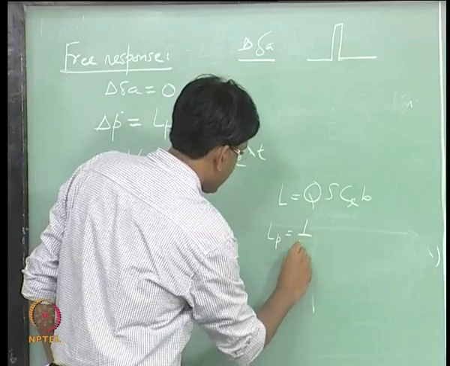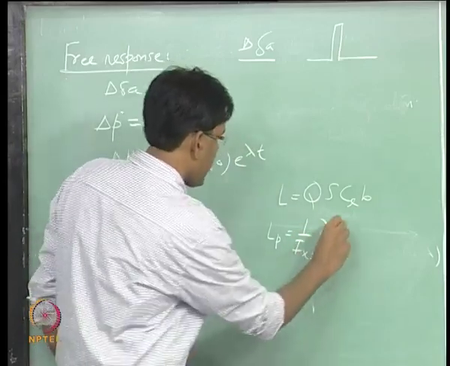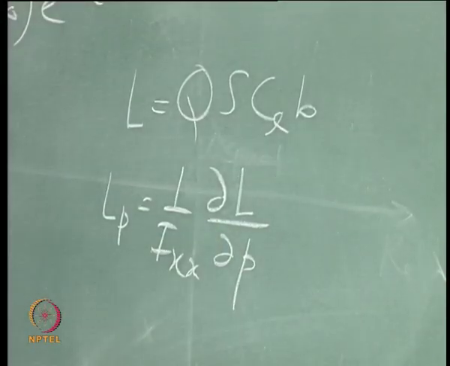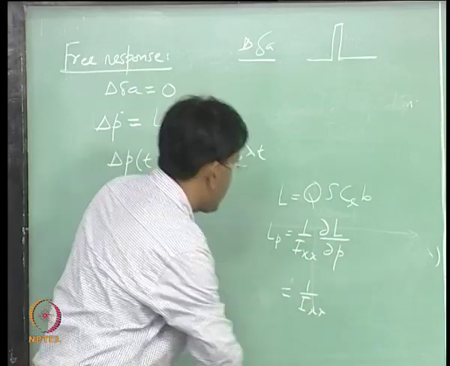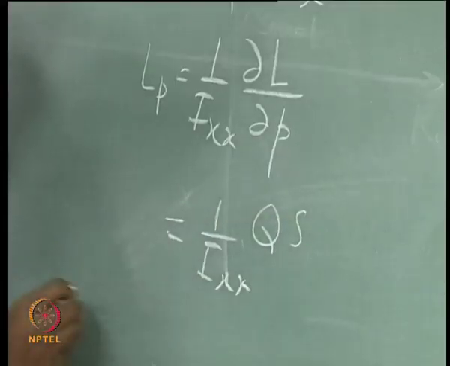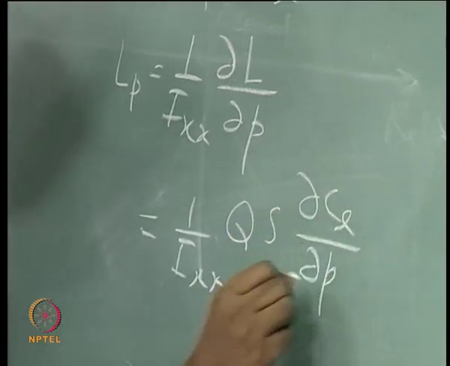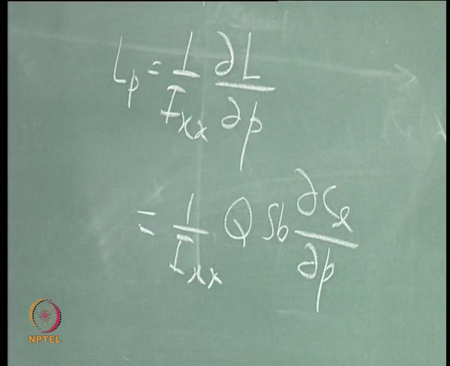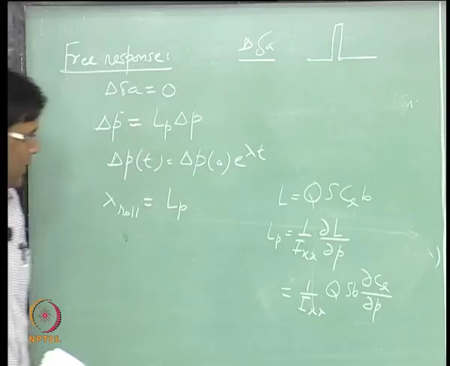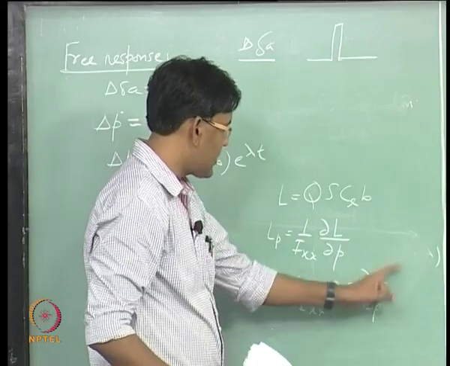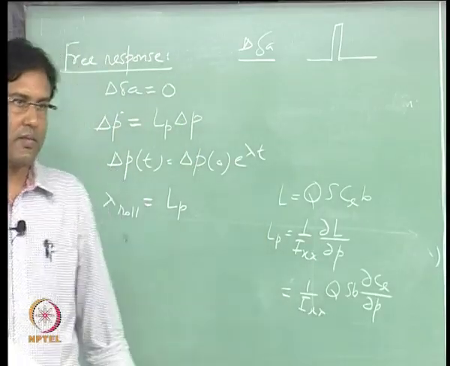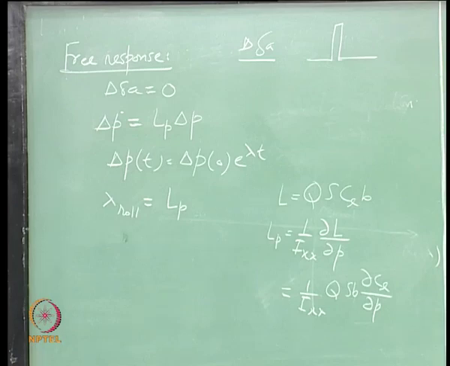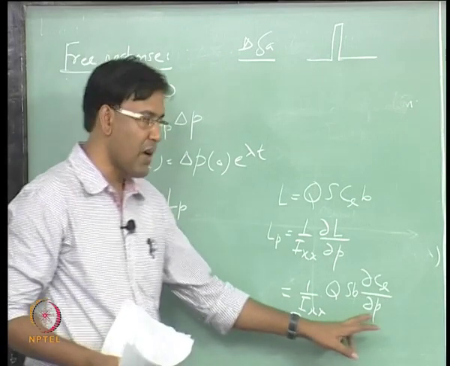LP is... Now, this quantity is of course not a number, it has some unit, right, because of this P appearing here.